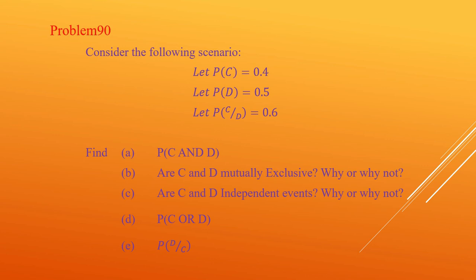The requirements are: in part A, find probability of C and D. Part B, are C and D mutually exclusive or not? In part C, are C and D independent events or not? In part D, find probability of C or D. And our last part, find probability of D given C.